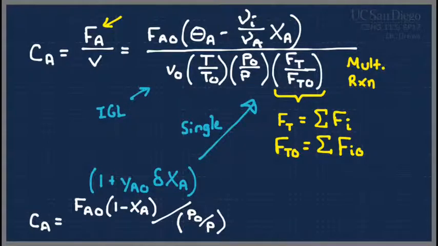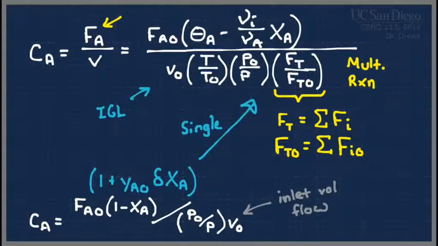And then what's the one other term that's in the denominator there? The V0. So that's, remember, the lowercase V0. So this V0 is the inlet volumetric flow rate. That was kind of the one step that I had skipped over pretty quickly in the previous lecture, so it's described in slightly more detail here.